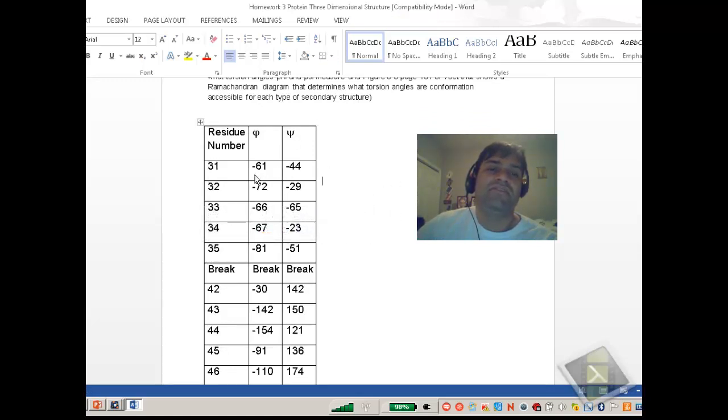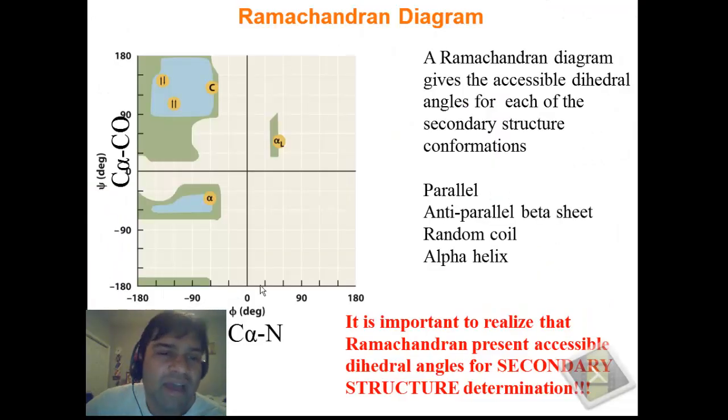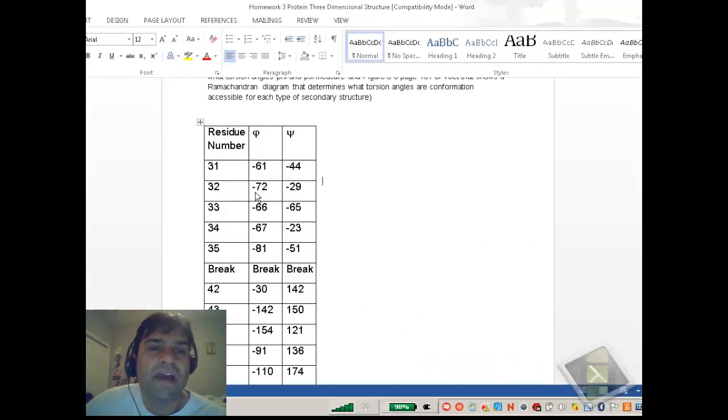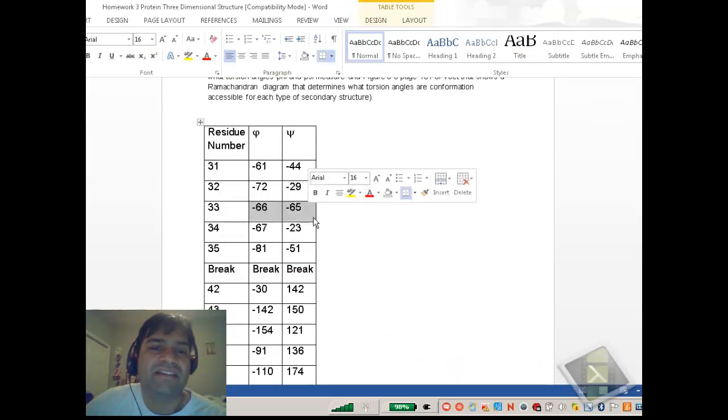So if you look at the first one, -61 and -44, -61 would probably be somewhere around here, and -44 would be around here. So that is a dihedral angle that's more permissible for an alpha helix. So let's check the other dihedral angles: -72 and -29, and -66 and -65.